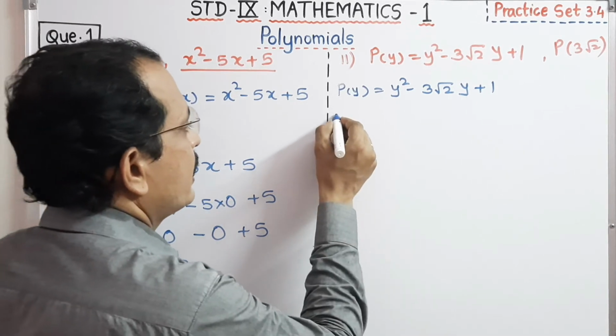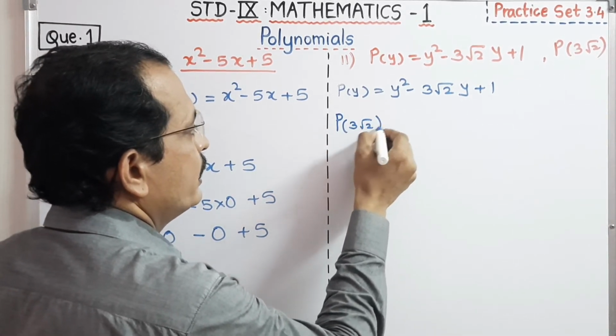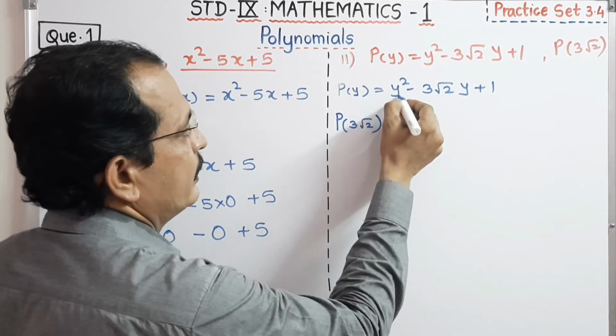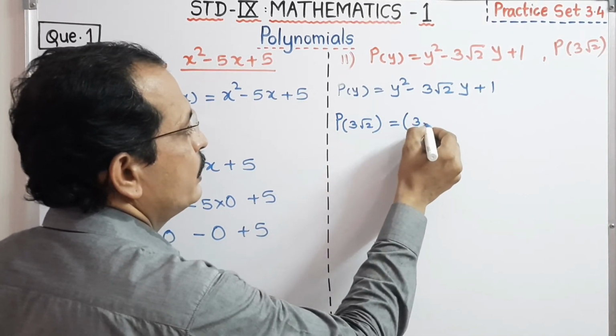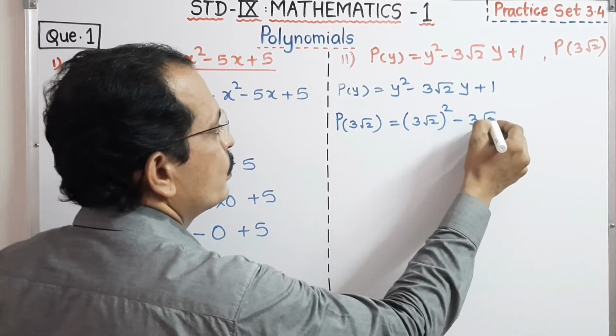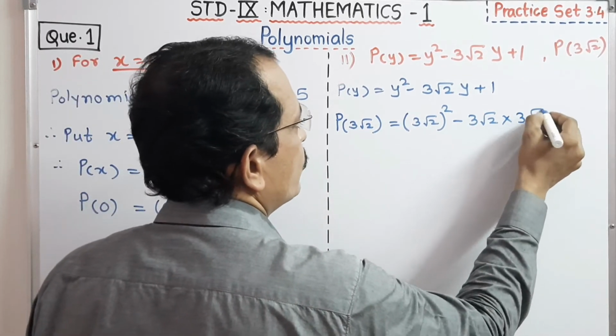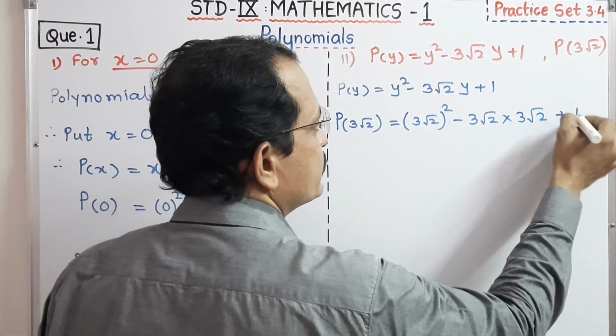Therefore, we can write p(3 root 2) is equal to, this is y, so here we write (3 root 2) in brackets squared minus 3 root 2 into, what is the value of y? It is 3 root 2, plus 1.